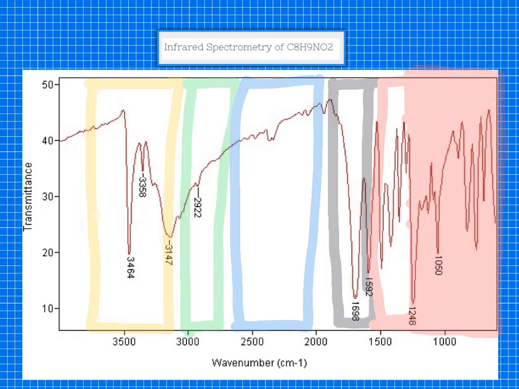In our first region, which I've marked with the yellow, we're going to be looking for a few different things: alcohols, which look like a tongue, an amine, which looks like a vampire fang, an alkene, which looks like a single V, or a carboxylic acid, which looks like a beard.